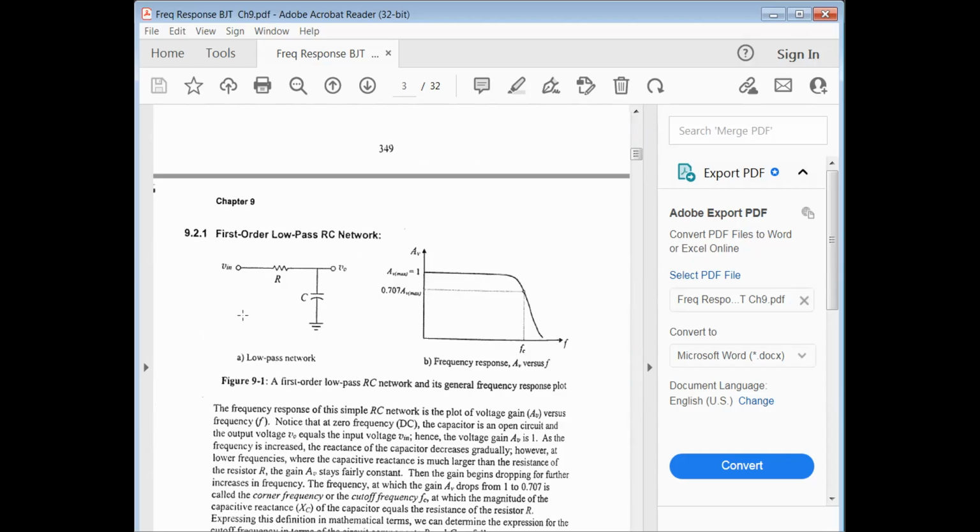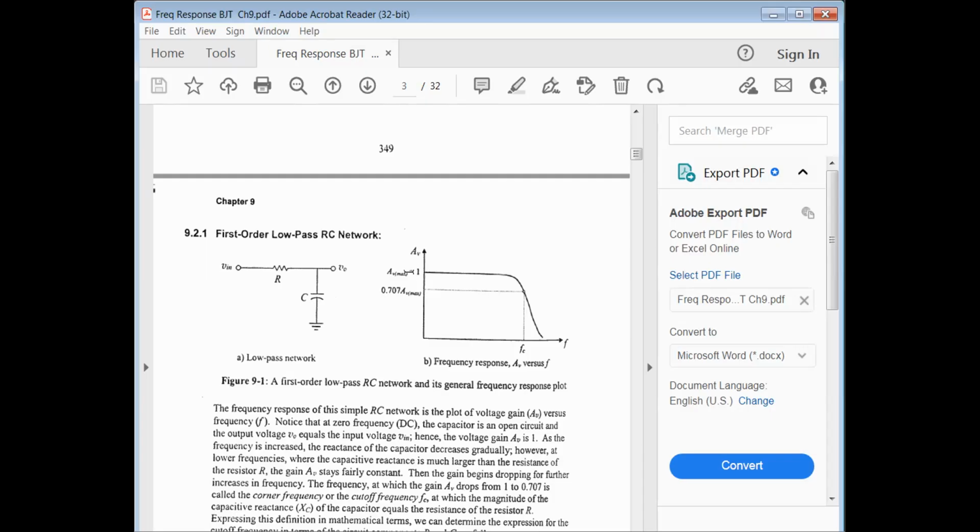This is a frequency selective network. It's sort of like your amplifier itself. It has a maximum gain of 1. Here's my input. It has some output, and as I change frequency, at some point my gain starts to drop. In this case, this is my cutoff frequency, and that cutoff frequency is given by the capacitance and the resistance that it sees. At the cutoff frequency, the gain is only 0.707 of the mid-band gain.